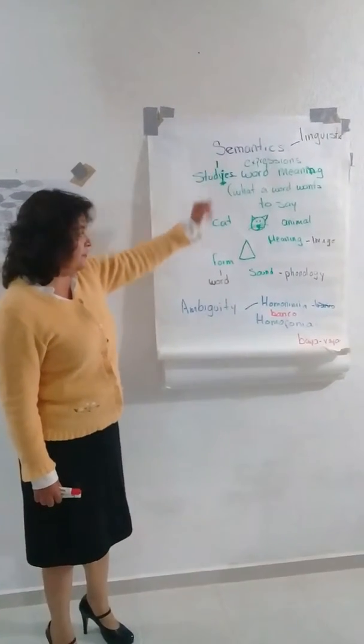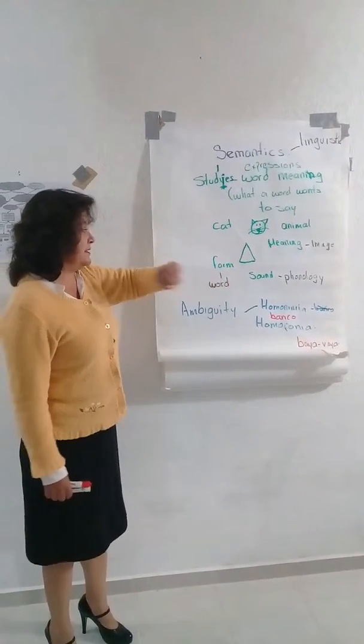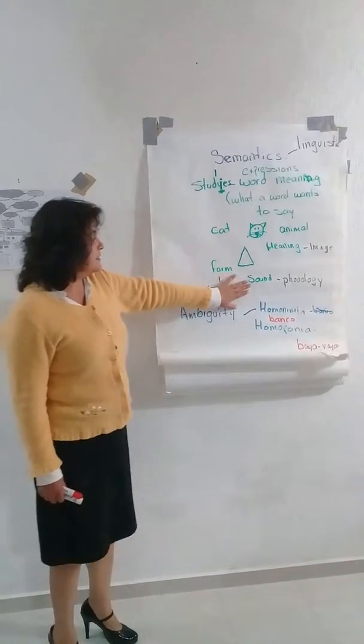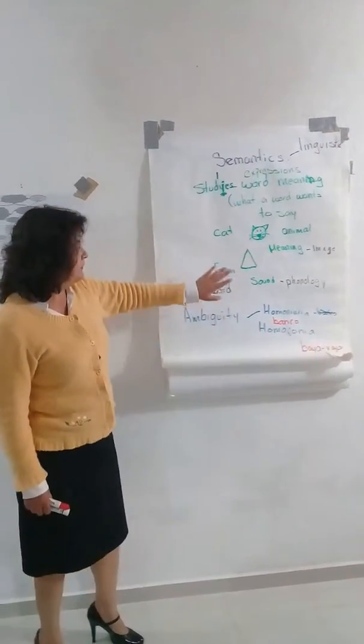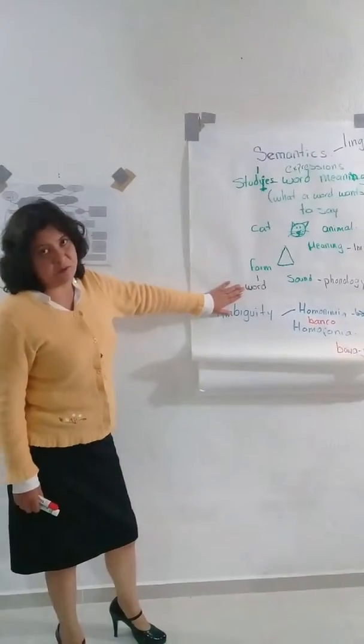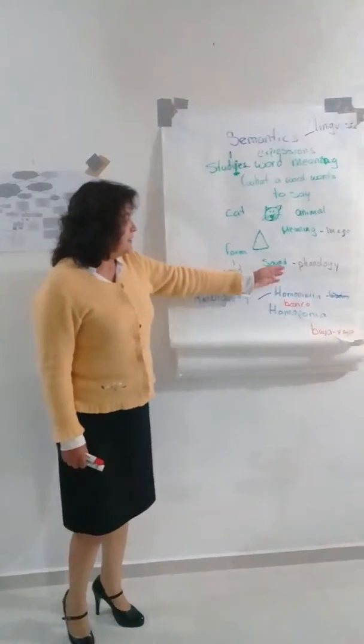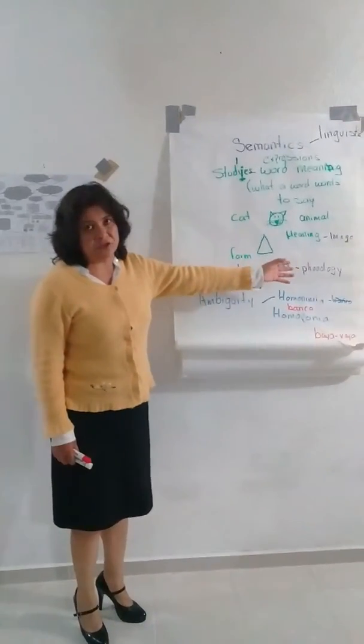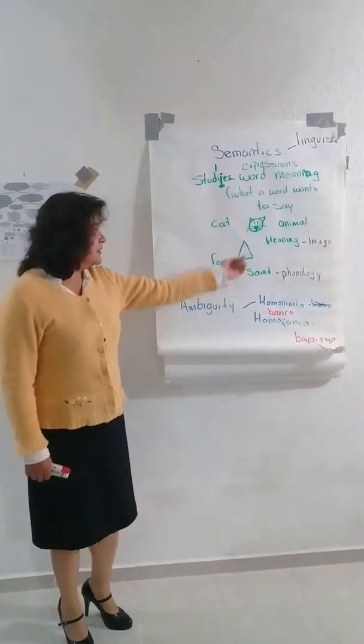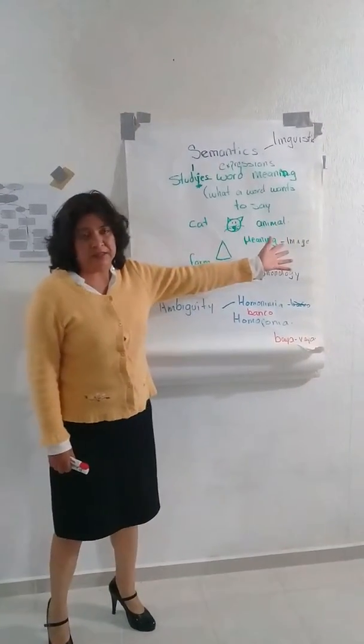Semantics has three elements: form, sound, and meaning. The form is the word. The sound is the phonology, the pronunciation of this word. And meaning is the imaging.